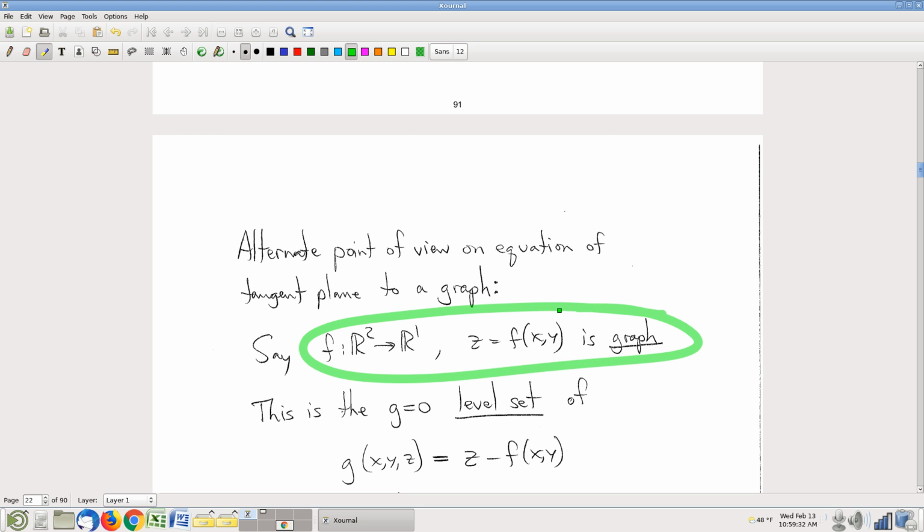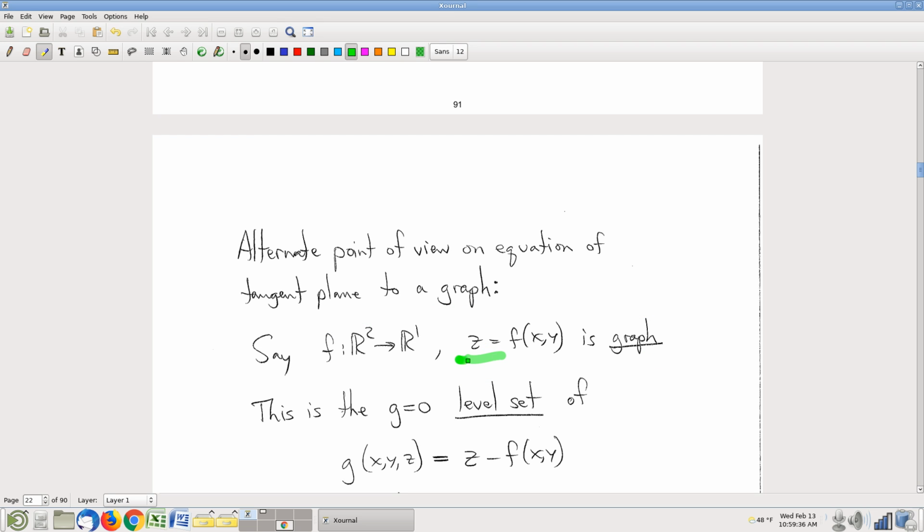Suppose you're looking at a graph of some function. Now I emphasize graph. That's what it means to take a graph: you're taking the function of two variables and setting its output equal to a new third variable. You remember this little move we pulled where you can always reinterpret a graph as a level set?